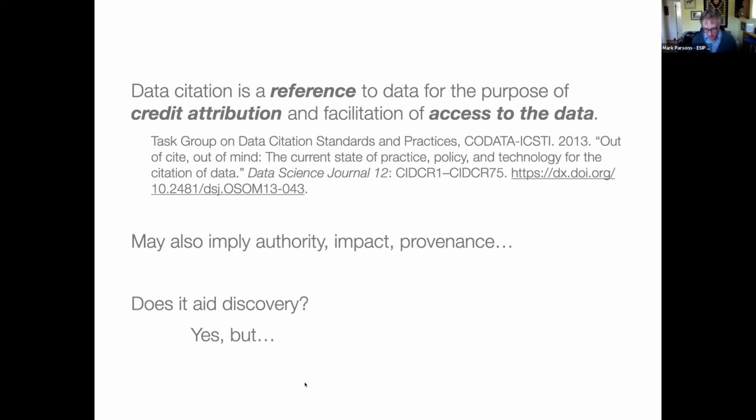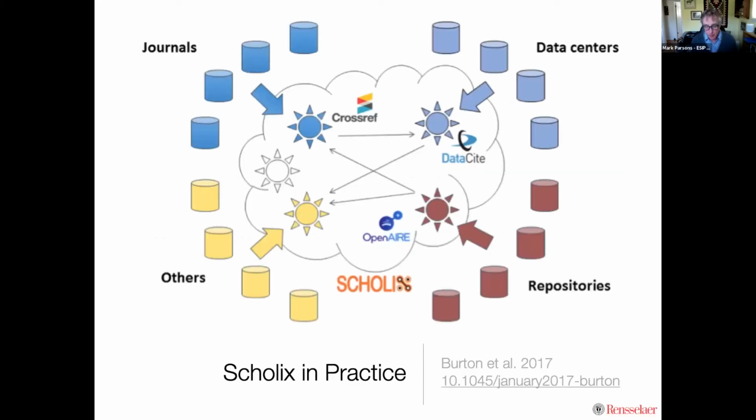In my previous job, I was working with a group called the Deep Carbon Observatory, which has a repository and a mechanism for sharing data across countries. We agreed to try to adopt a couple of Research Data Alliance recommendations around data citation. One of them is called Scholix.